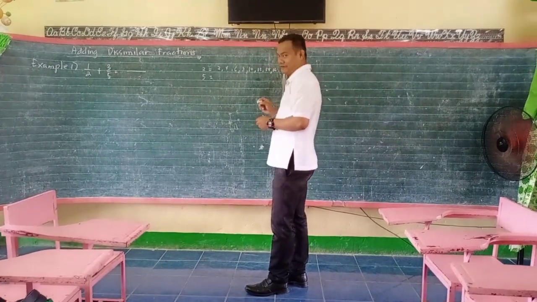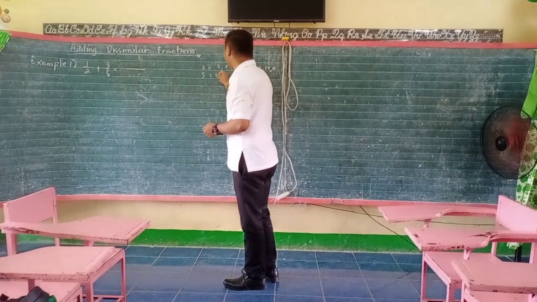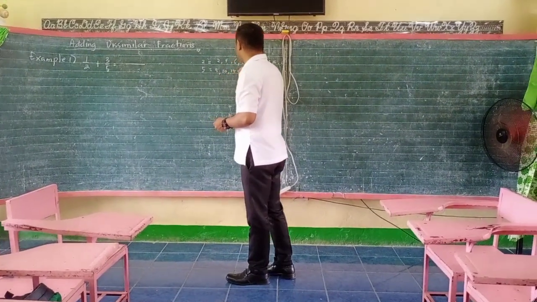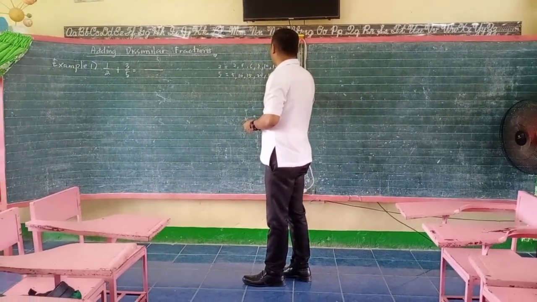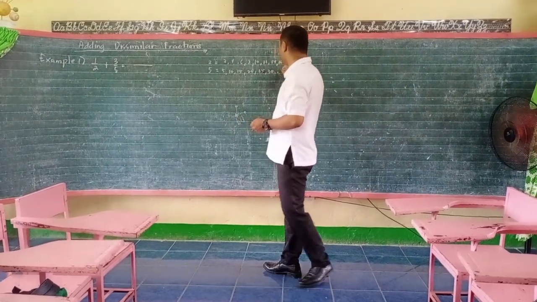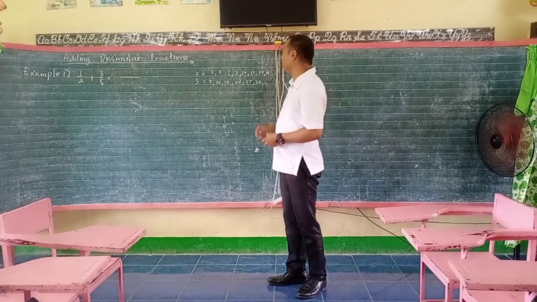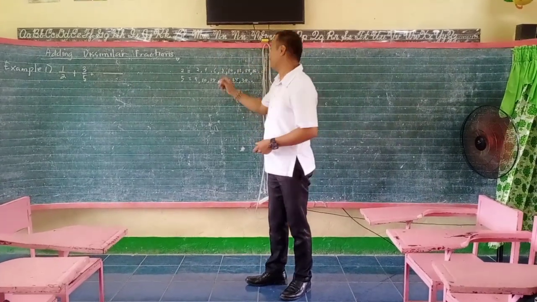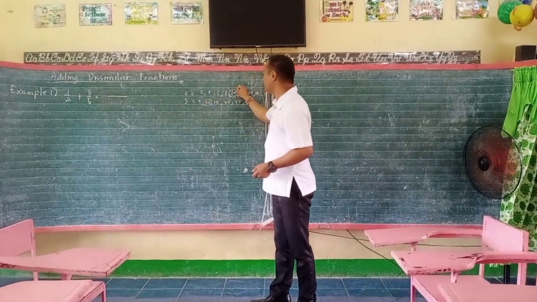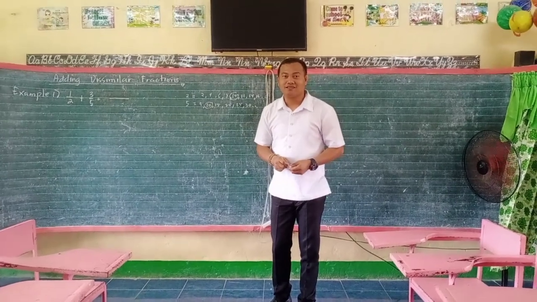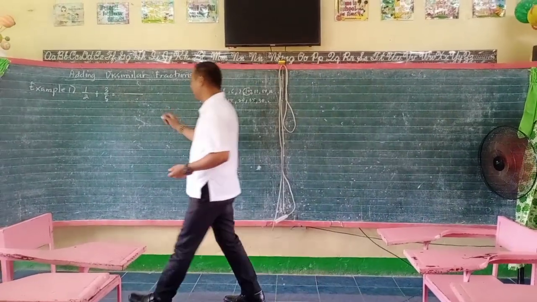The multiples of 5 are 5, 10, 15, 20, 25, 30, and so on. The least common multiple of both 2 and 5 is 10. Very good. So the LCD is 10.